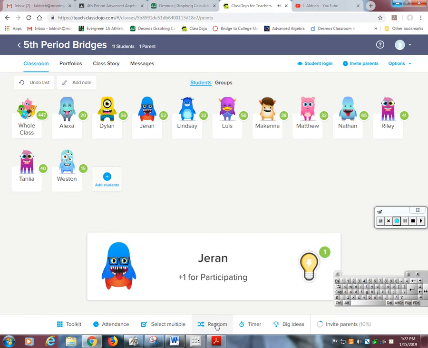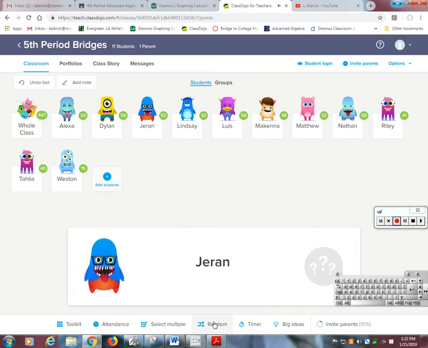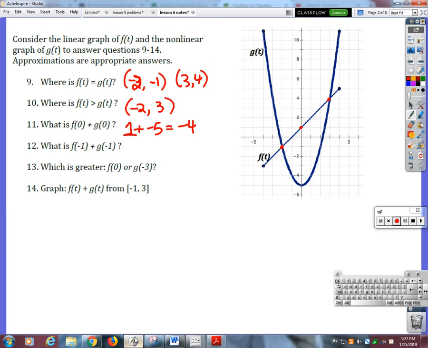Okay, next one is the same thing, but now we're finding the values at -1. What is f of -1, Nathan? So what that's asking, Talia, is if I go to x equals -1, it's the same thing, just -1 instead of 0. So if I go to x equals -1, and then I go to the f function, the straight line graph, what's the y value when x equals -1?